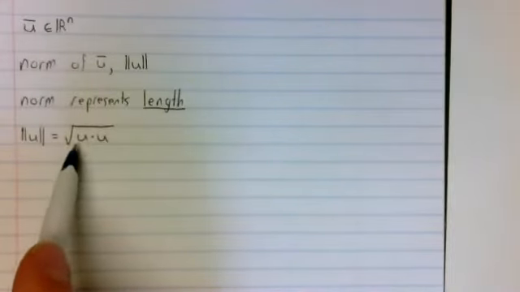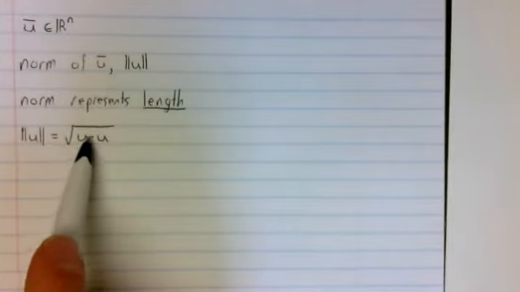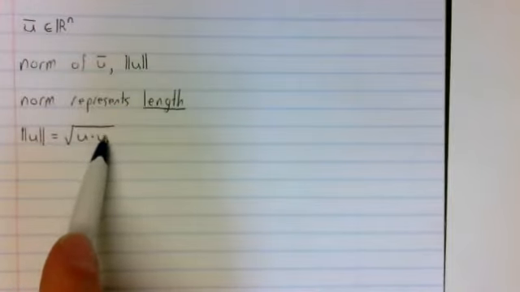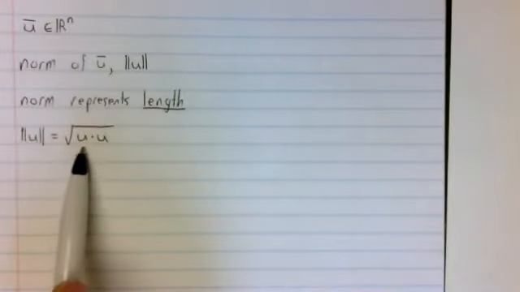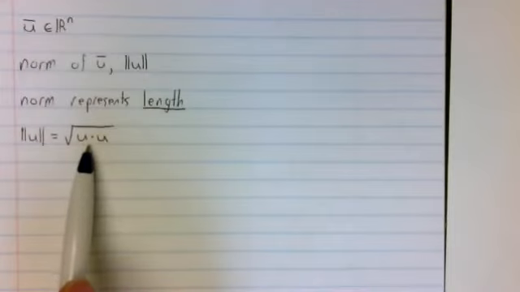So, two remarks. We said that even though, according to the definition, U transpose times U, the dot product, should give a 1-by-1 matrix, it's not convenient to think of it that way. And here's a good application as to why: you cannot take the square root of a matrix.